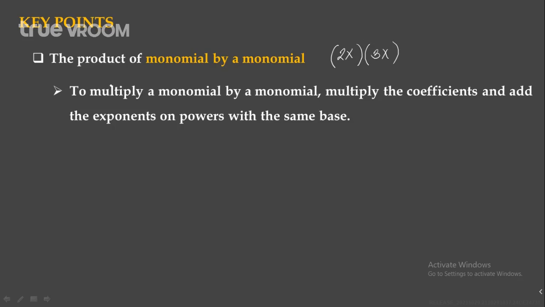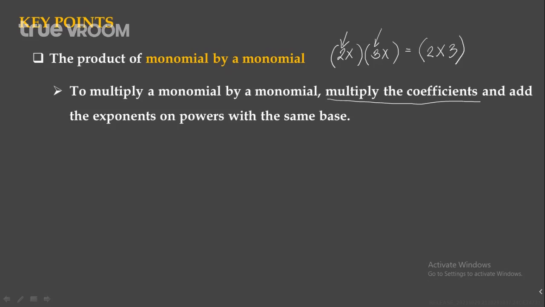So it says that you are going to multiply the coefficients, 2 and 3. That will be 2 times 3.